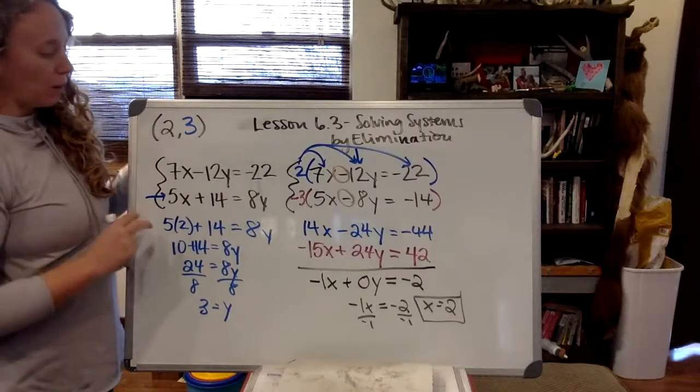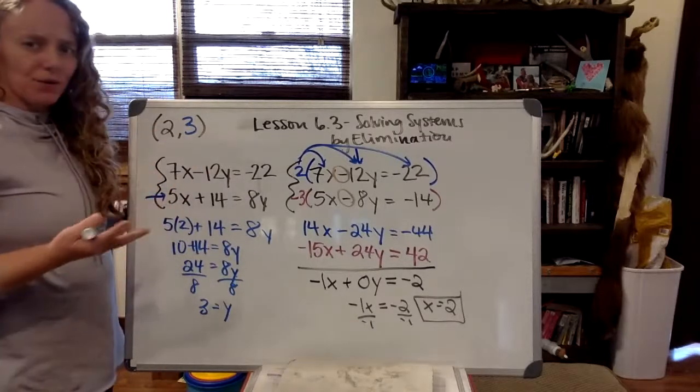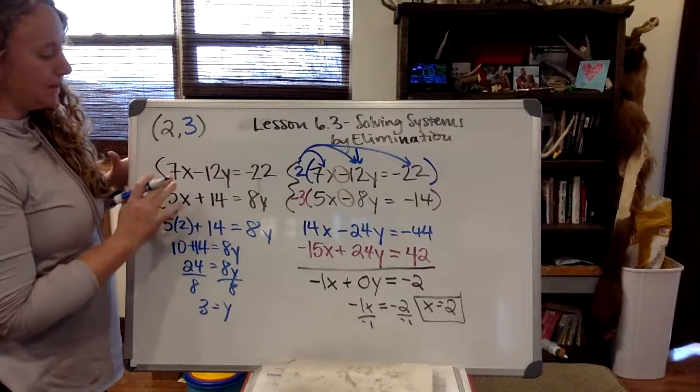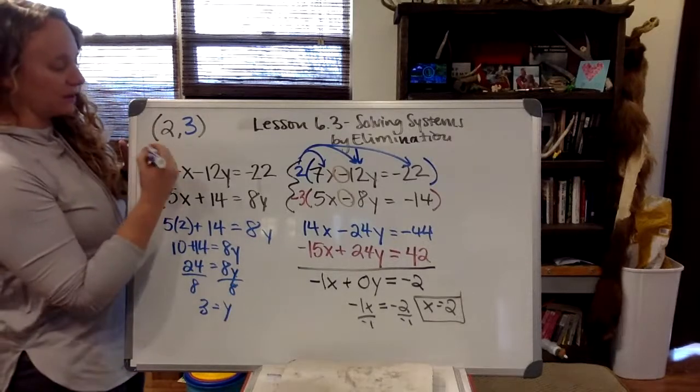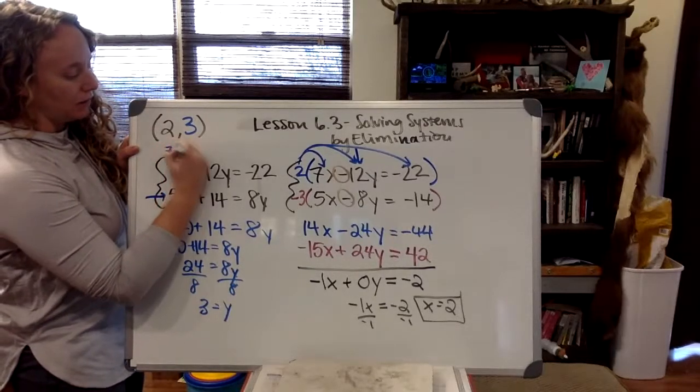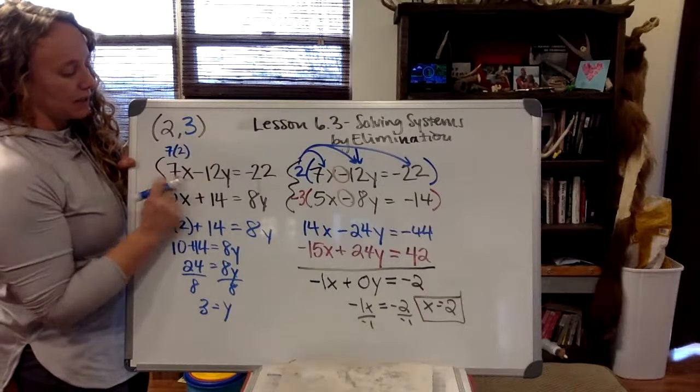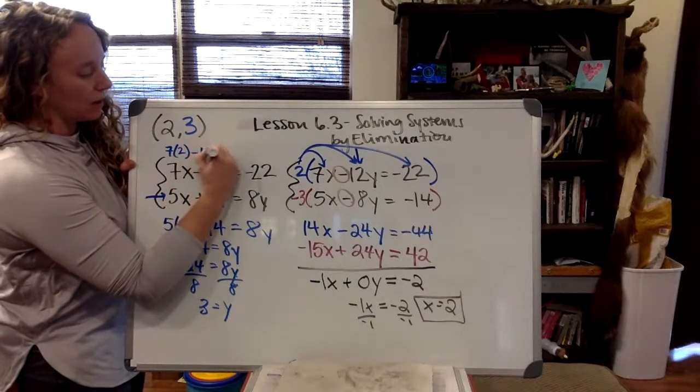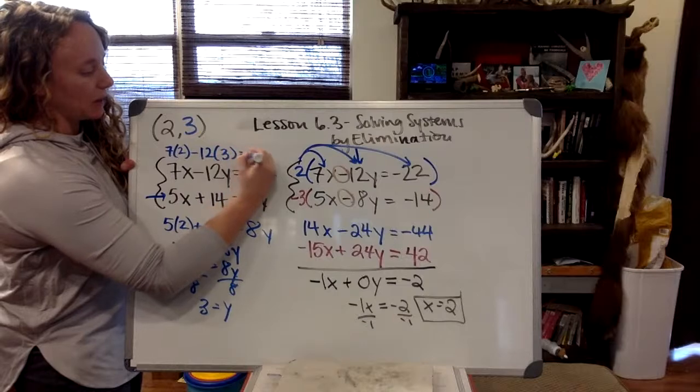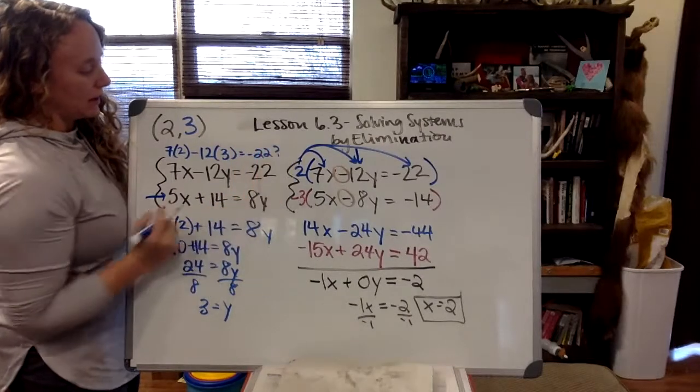I'm now going to check my work, and I'm going to make sure everything truly does figure itself out properly. So I'm going to say 7 times 2 minus 12 times 3. Does that equal -22? Need to ask myself that.